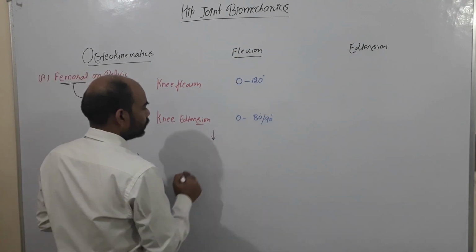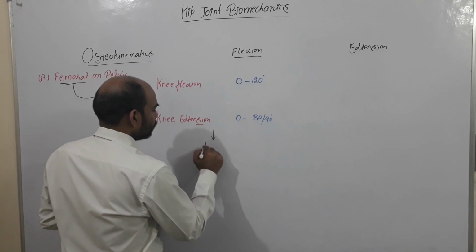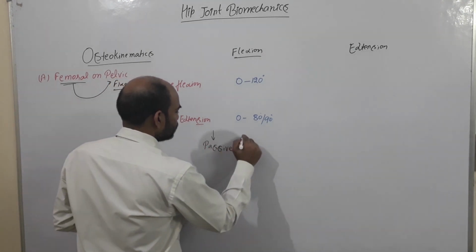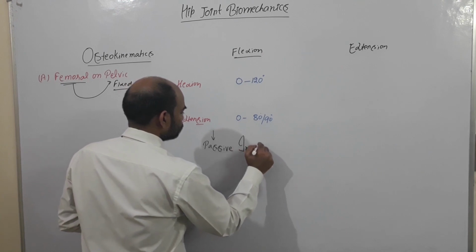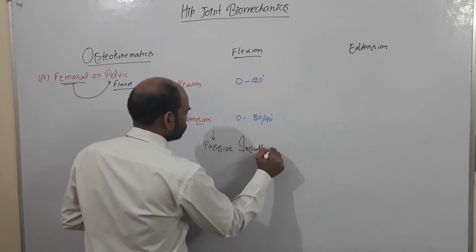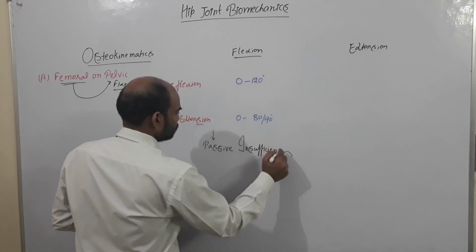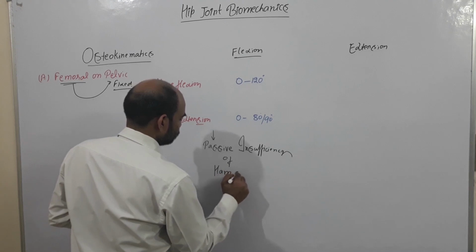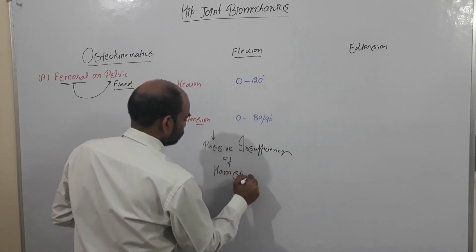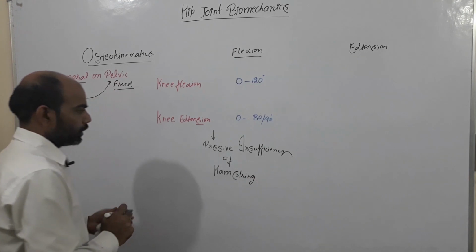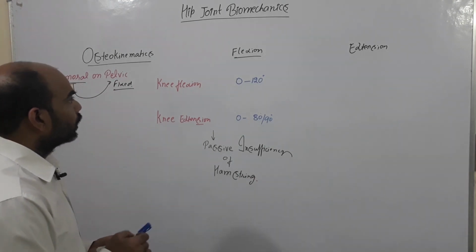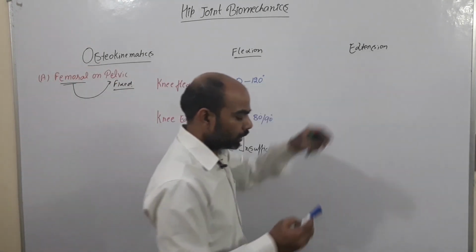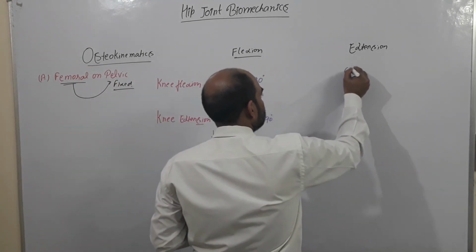This range of motion is reduced due to passive insufficiency of hamstring. And if knee joint is in flex position, the extension range of motion is around 0 degree.